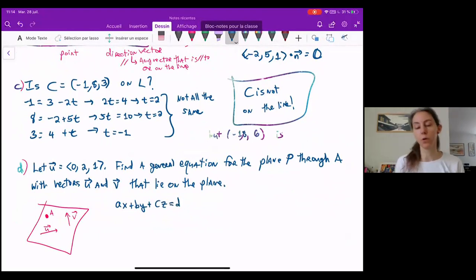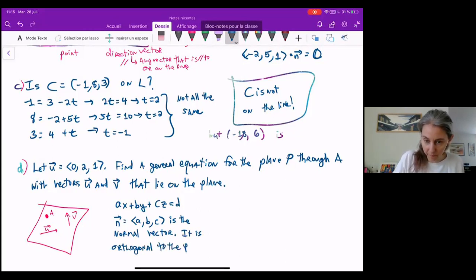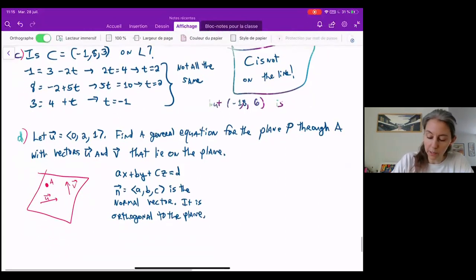Now, one of the things that I've noticed from talking to a lot of you is that you don't know what the word normal means. And you don't know that when you look at this, the vector that comes away from this, (A, B, C), is the normal vector. And that the normal vector is orthogonal to the plane. And what does the word orthogonal mean? Yes, Kyle, exactly. Orthogonal means perpendicular.